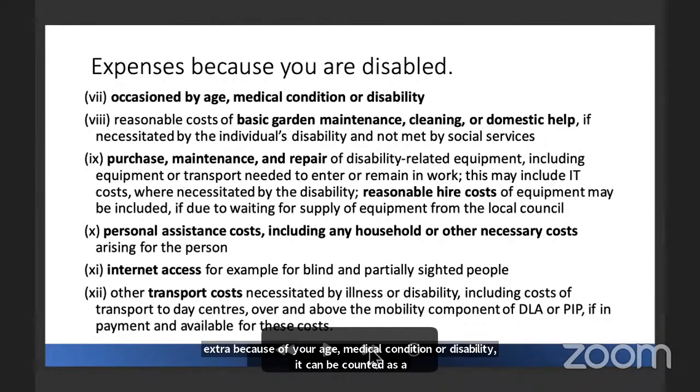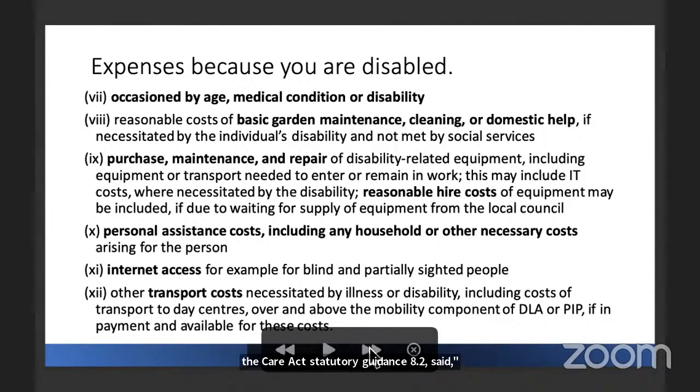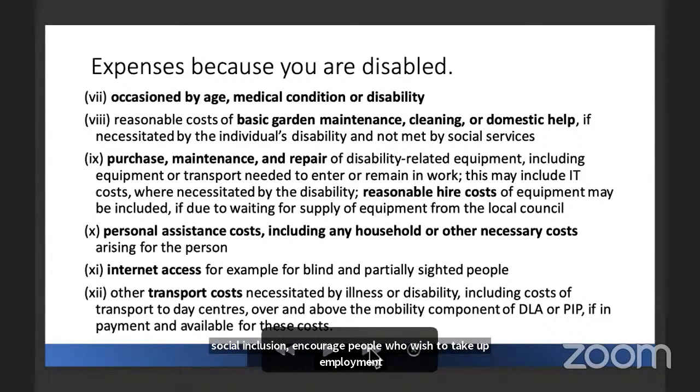Now, that's particularly important as we saw previously, charging policies are supposed to promote well-being and social inclusion. So the Care Act Statutory Guidance 8.2 said the approach for charging for care should promote well-being, social inclusion, encourage people who wish to take up employment, education, training, or plan for future costs to do so.